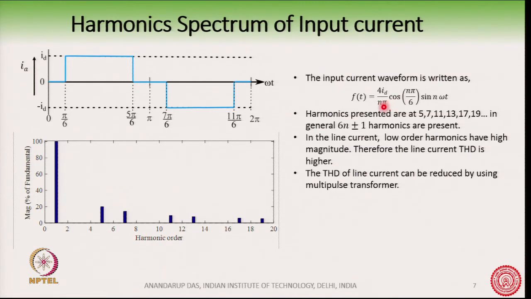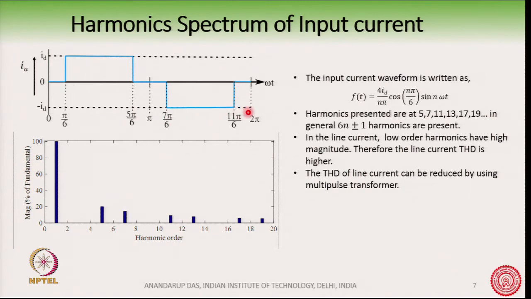In the case of the input current drawn from the 6 pulse rectifier, the value of alpha is equal to pi by 6, as you can see here. If you put n pi by 6 in cos n alpha, and put the values of n as 3, 5, 7, 11 and so on, we find that the 5th, 7th, 11th, 13th, 17th, 19th, in general 6n plus minus 1 harmonics, are present in the input current waveform.